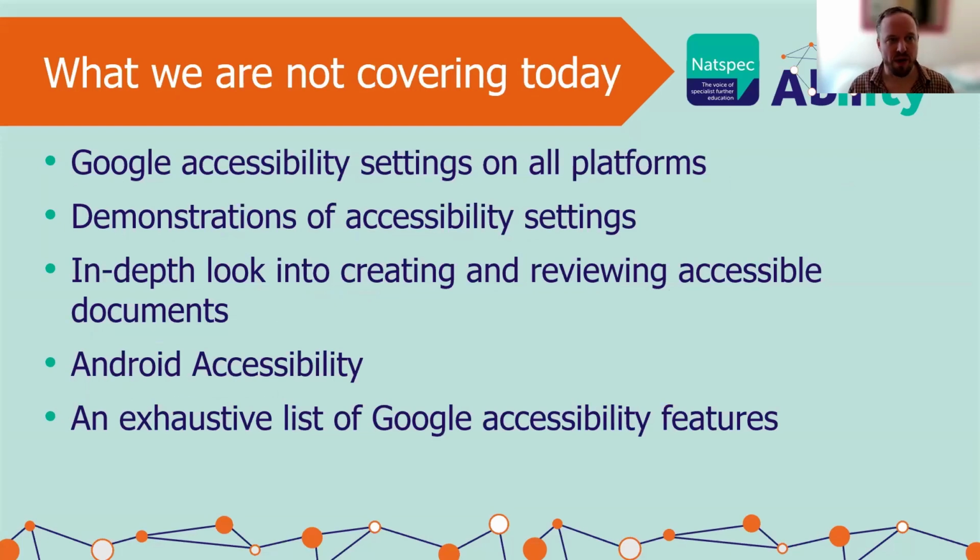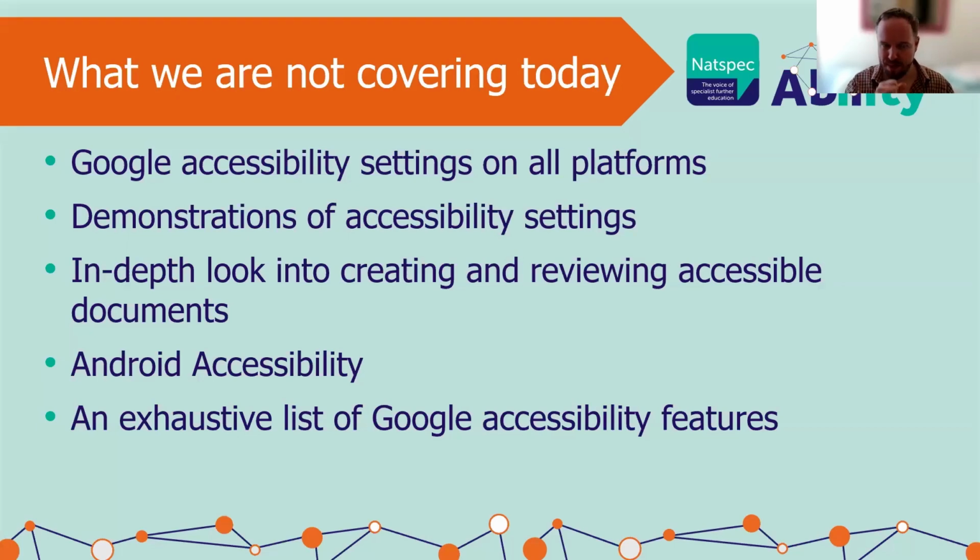So we're not covering Google accessibility settings on all platforms. It's just too exhaustive. But I think what you'll have today will give you enough to go away and do extra reading if there was something that you wanted to find out more on. We're not going to cover demonstrations of accessibility settings today. It's probably better if you come to one of our inbuilt accessibility training courses if you want to see the full version of that.